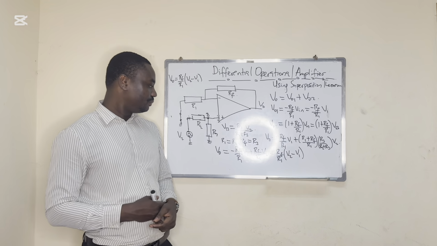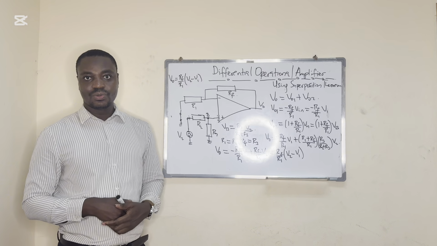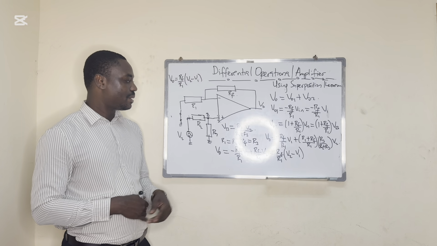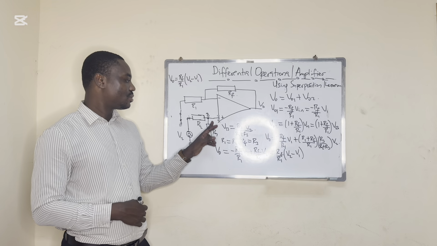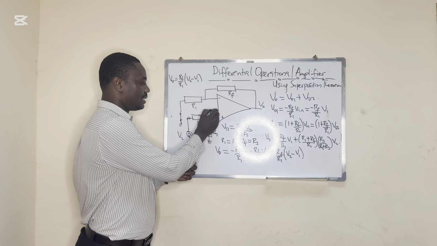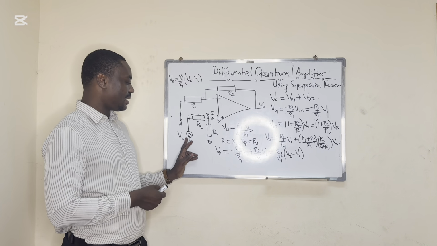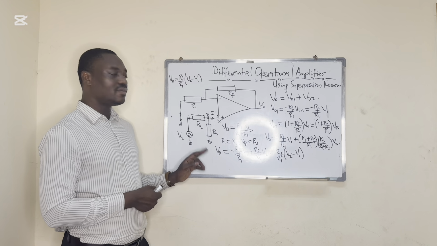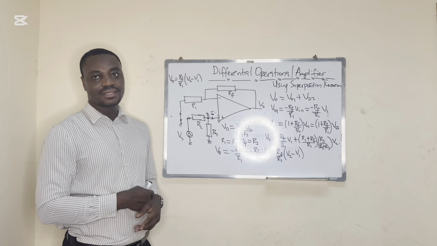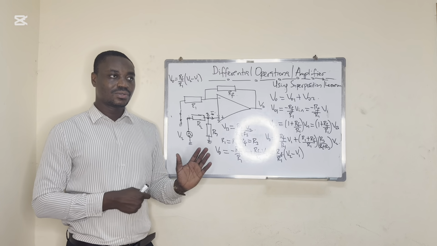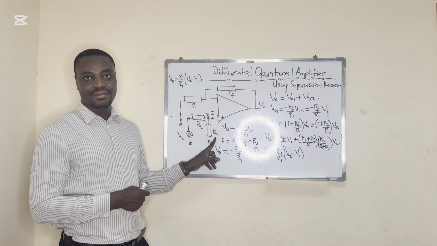And to get VB, as you can see, when it comes to an operational amplifier, the current input into the operational amplifier is 0. So if that current here, let's say I, is 0, that means any current flowing from V2 just passes through R2 and R3. So they become in series. The voltage at B would just be the voltage across R3.